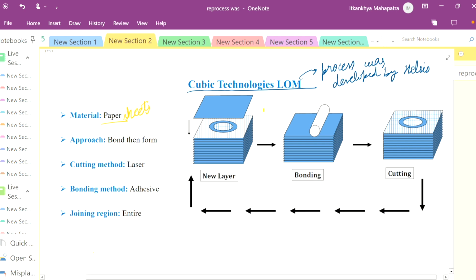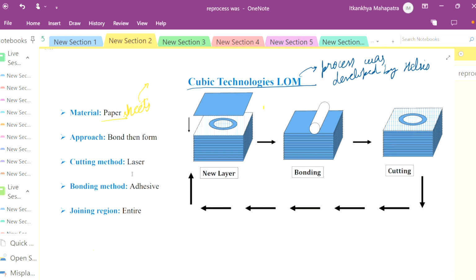The thickness of the paper sheet is between 50 and approximately 100 micrometers. Generally we don't use paper like the white papers we normally use.